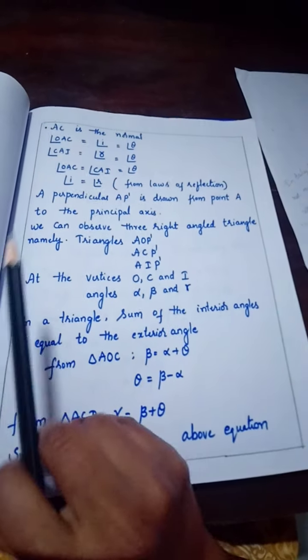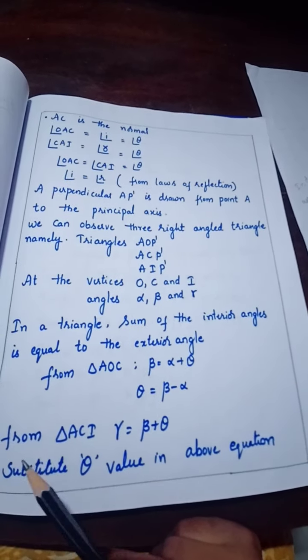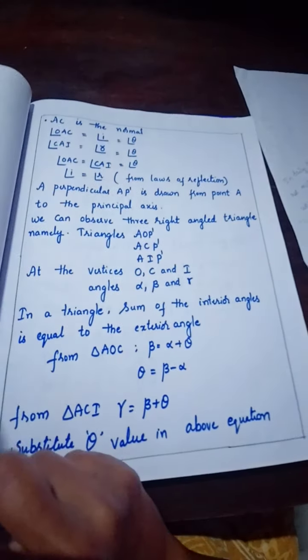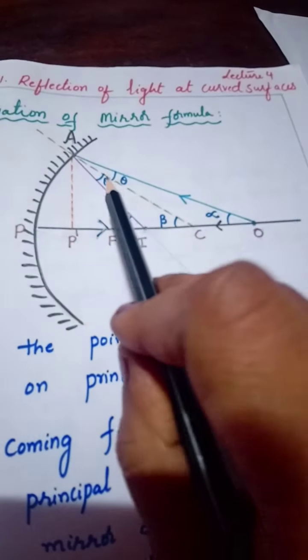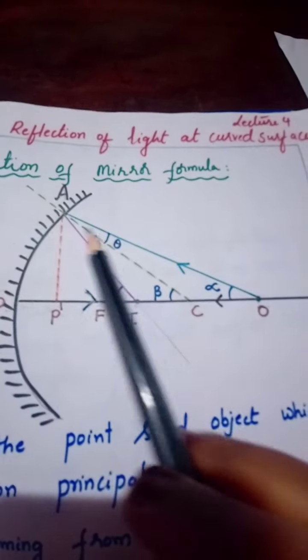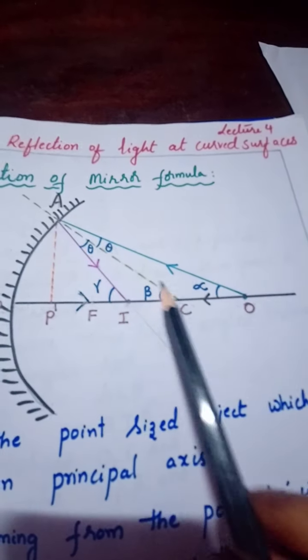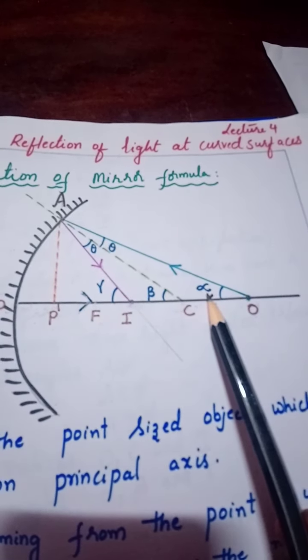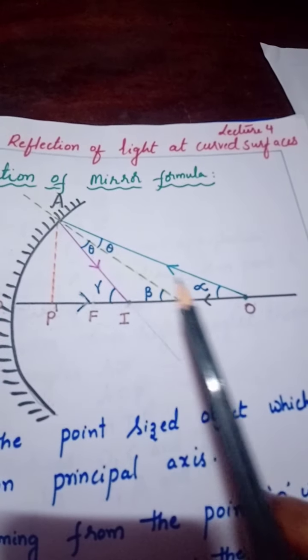Let us see, in any triangle, the sum of the interior angles is equal to the exterior angle. We know that. What are the interior angles here? Alpha and theta are interior angles, right? If you consider this triangle ACO, beta is the exterior angle, and theta and alpha are interior angles.